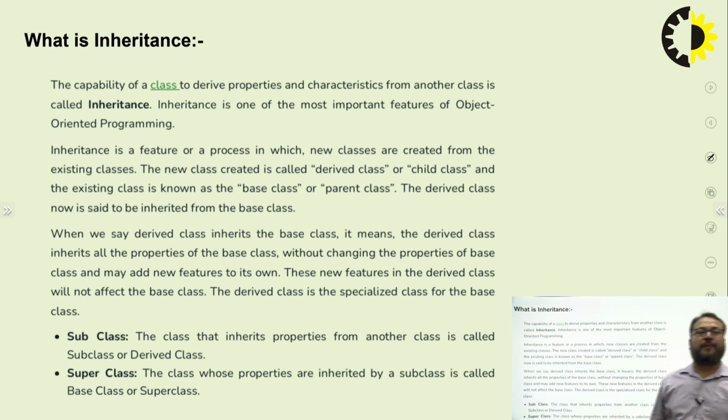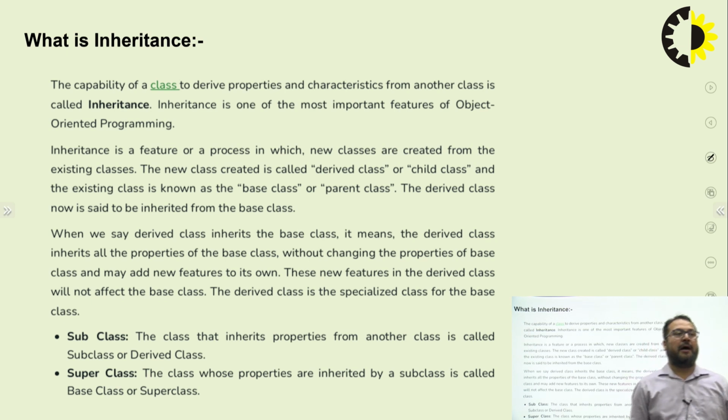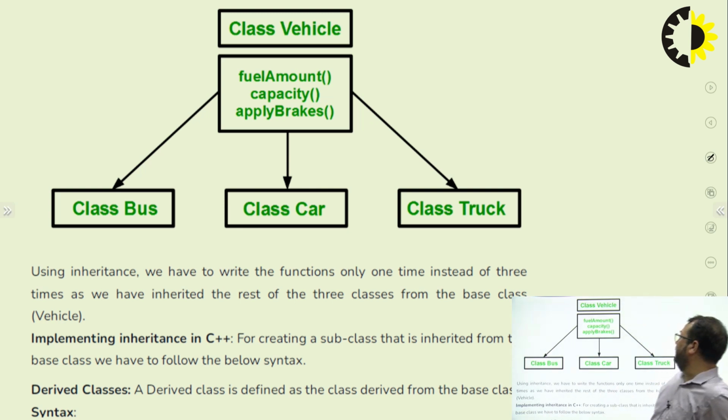Here, as already told, we have the super class, sometimes called the parent class or base class, and the new class, also called the child class, derived class or subclass. For example, we have created a class Vehicle, with functions like fuel amount, capacity, apply brakes and so on.